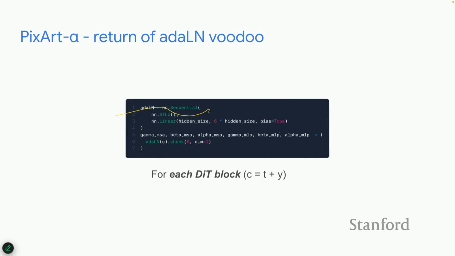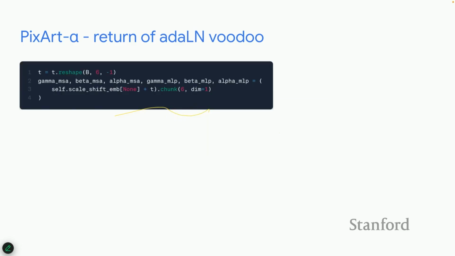And here we will again see the return of adaptive layer norm. Remember, if you forgot, that for each diffusion transformer block, we were operating on a summation of timestep embeddings and class embeddings, right? And for PixArt-alpha, we already have a way to compute our text embeddings, which we do not want to touch, because those embeddings are already computed with a dedicated rich text encoder.